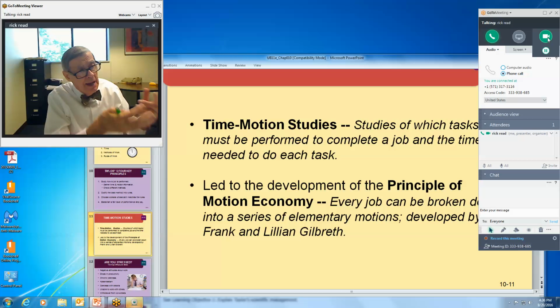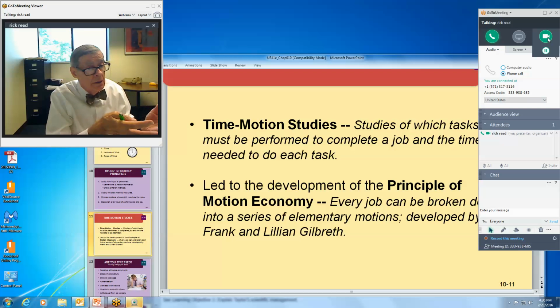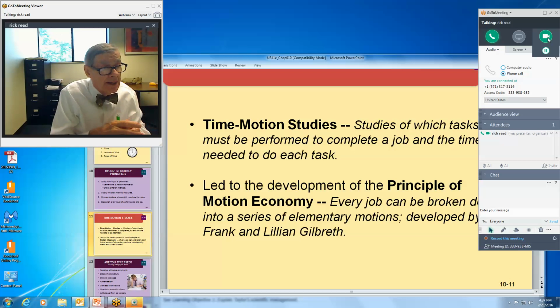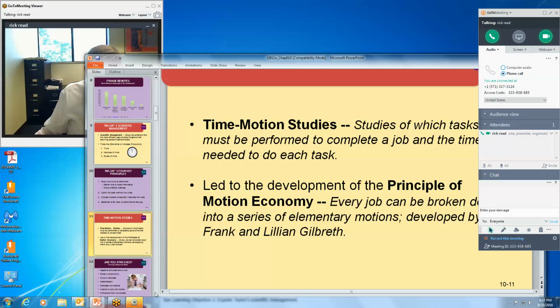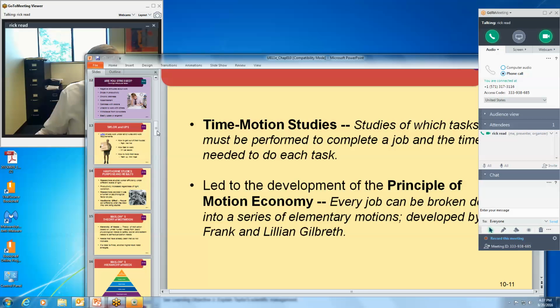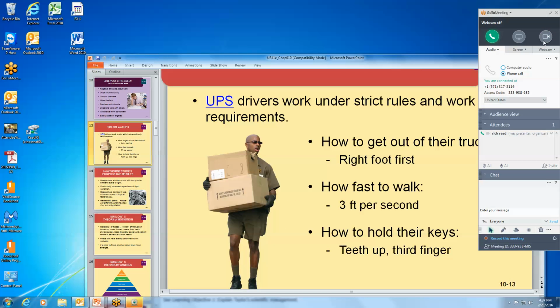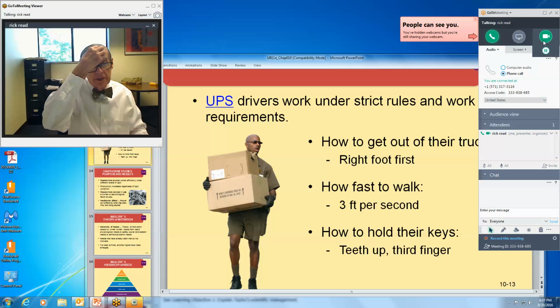Find out how long it takes to do this job, understand all the things that are required to do the job, and then make sure that you give this person the right tools to do the job. If you don't, a person is not going to be successful. And we can't hold that person to the standards because we've not established the standards.